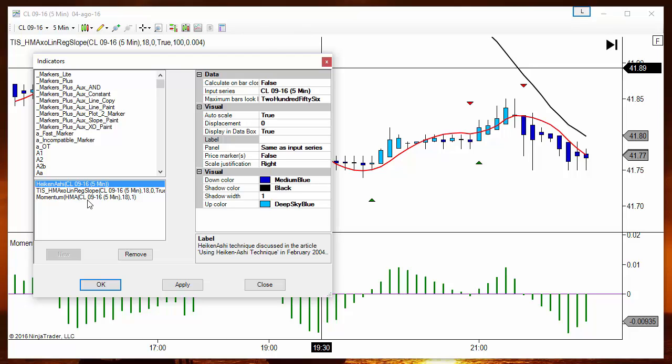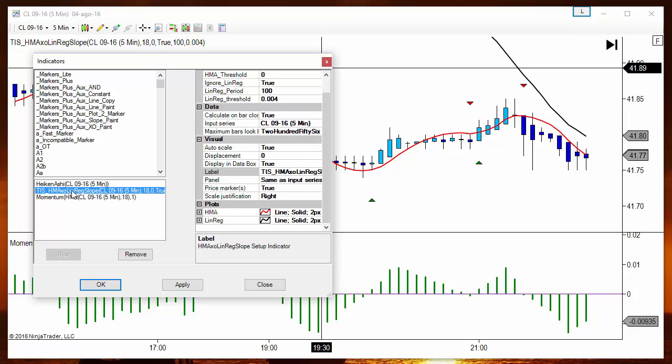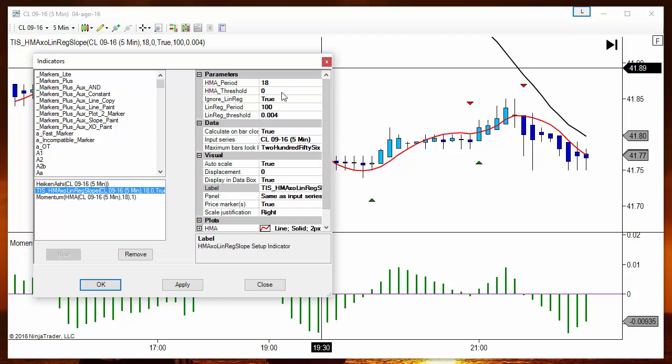So this is the importance of having a well-defined threshold, so we can avoid having noise signals.